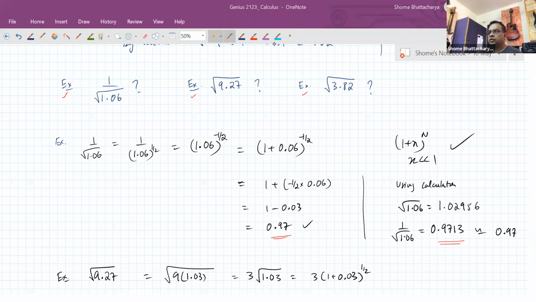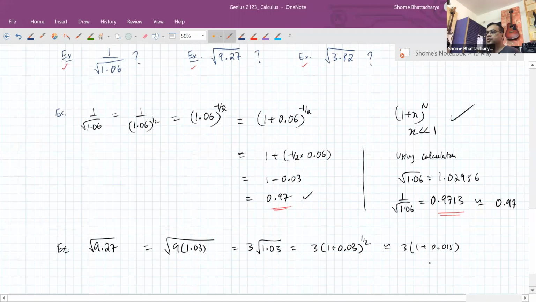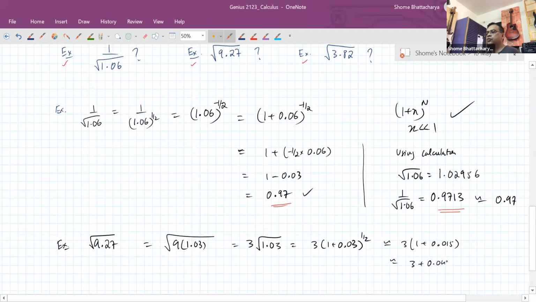Yes, so very good, Nidhish, Prithvi. So next, when you approximate, this becomes 1 plus 0.015, and then you can solve this further. So this just becomes 3 plus 0.045.